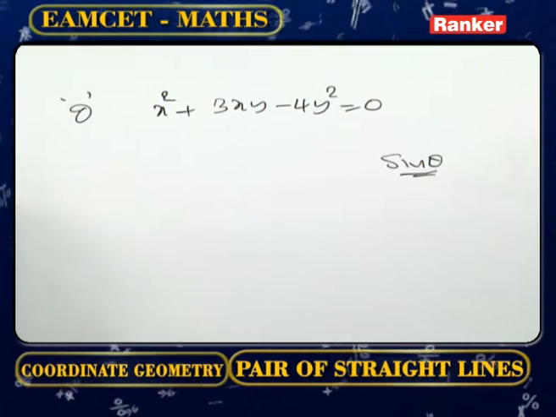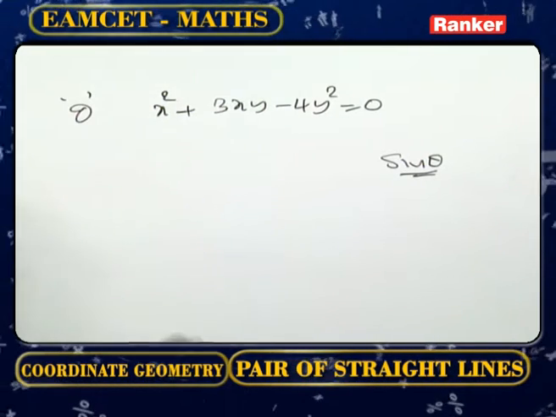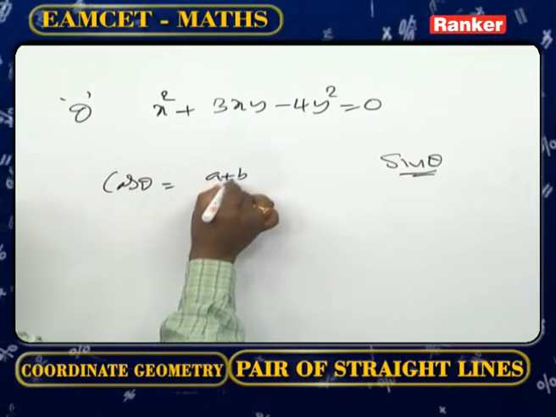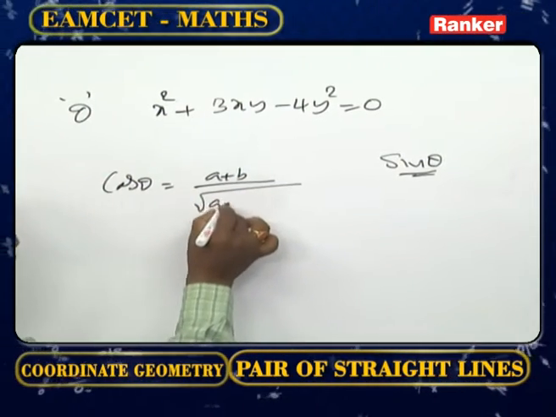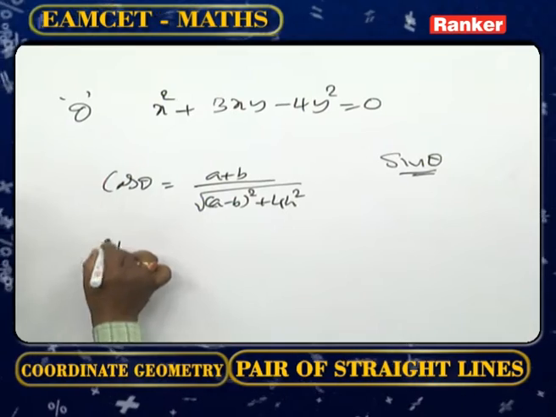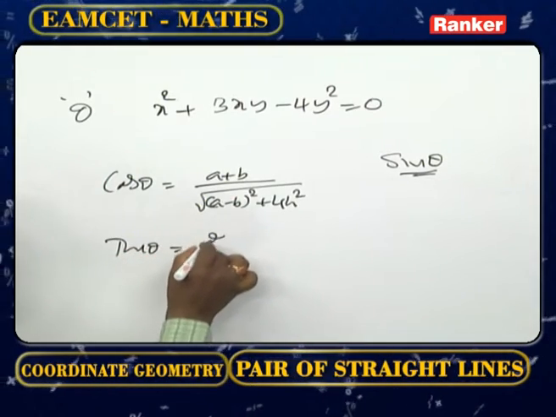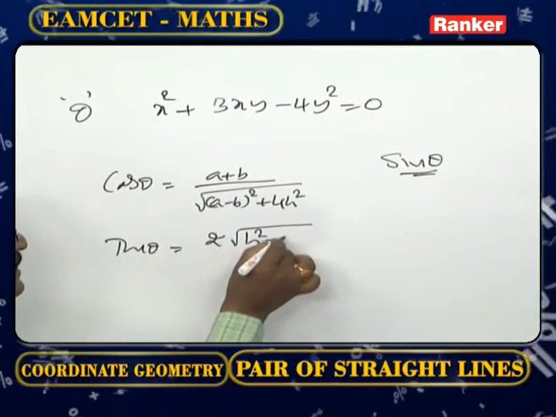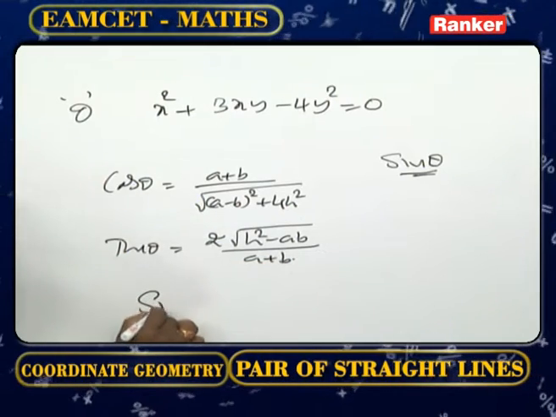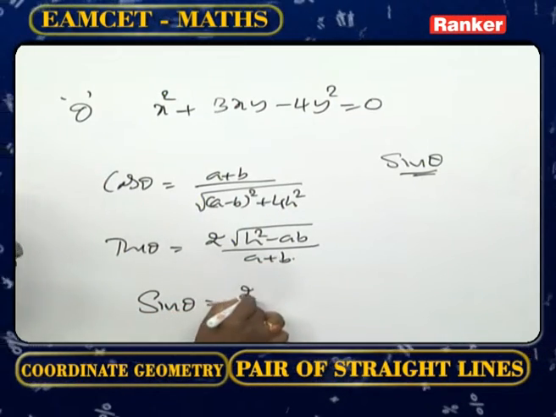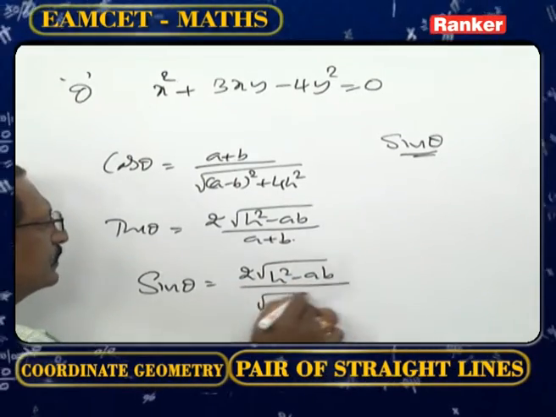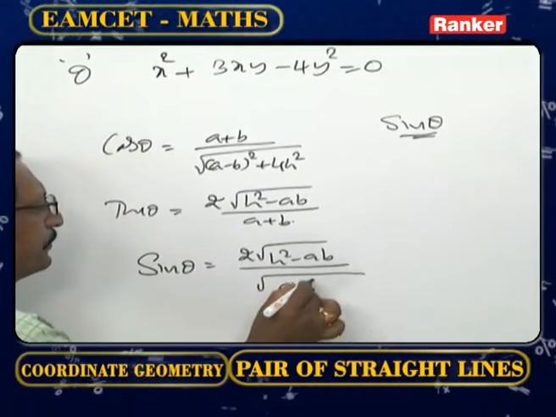Now if the angle between the pair of lines is theta, then cos theta equals a plus b by square root of (a minus b) whole squared plus 4h squared. Tan theta equals 2 times square root of h squared minus ab by a plus b, and sin theta equals 2 times square root of h squared minus ab by square root of (a minus b) whole squared plus 4h squared.